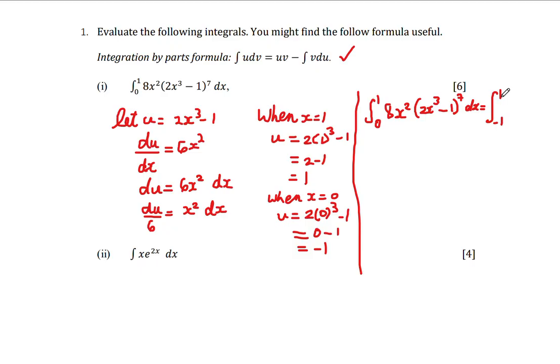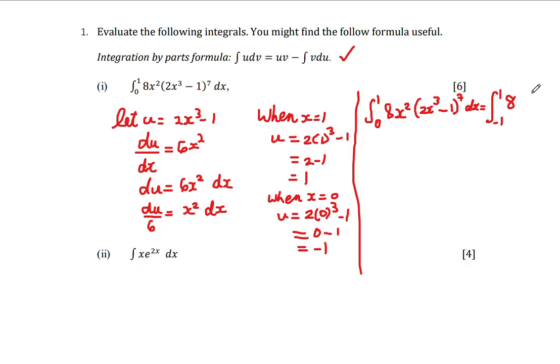So this is the integral between 1 and negative 1 of 8. Keep in mind that we expressed u as 2x cubed minus 1.